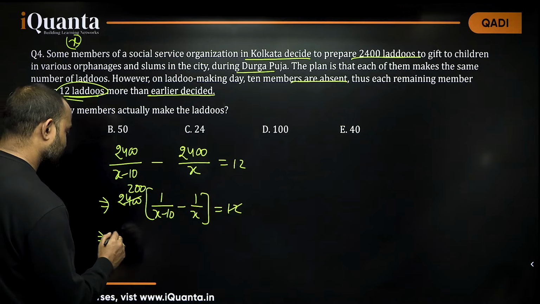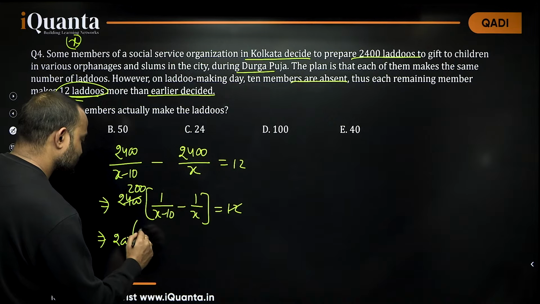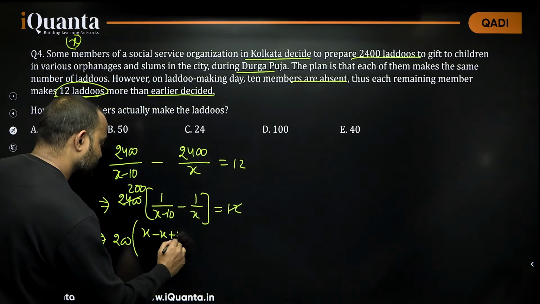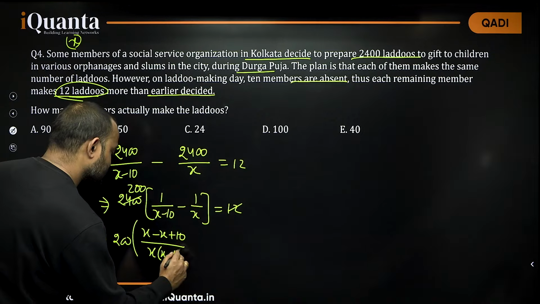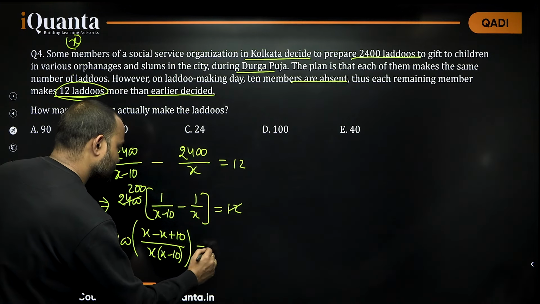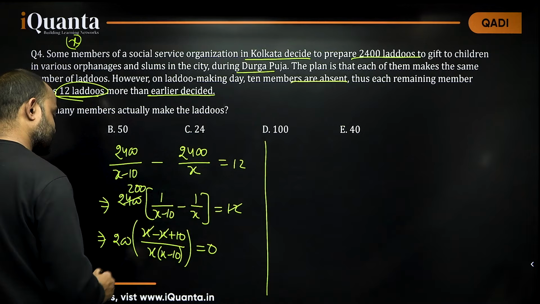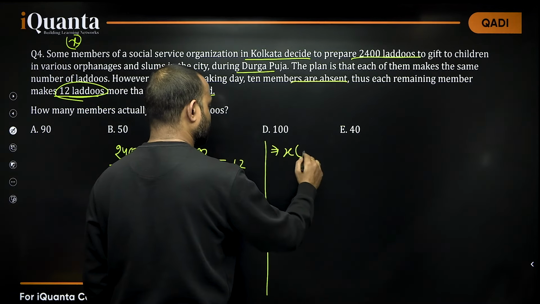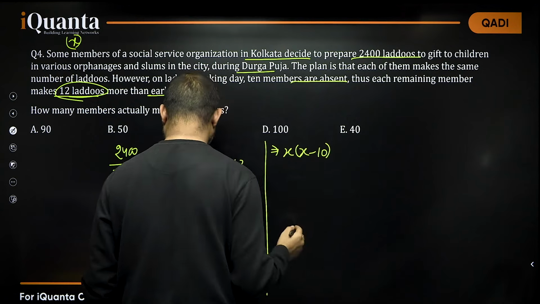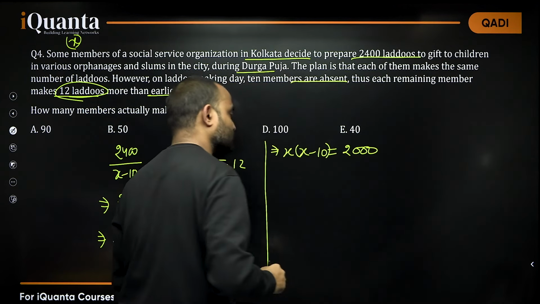And this will become 200 into x minus x plus 10 upon x into x minus 10 is equal to 12, right? So now we can say that x into x minus 10 is equal to 2000, right?